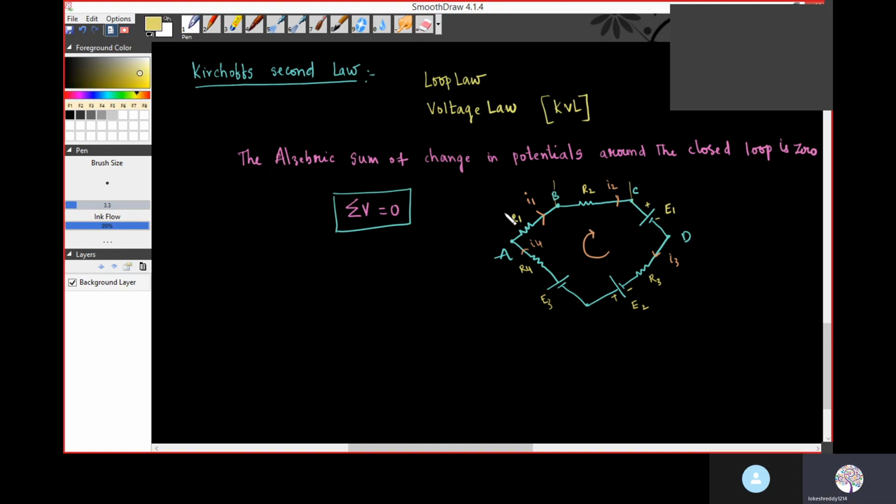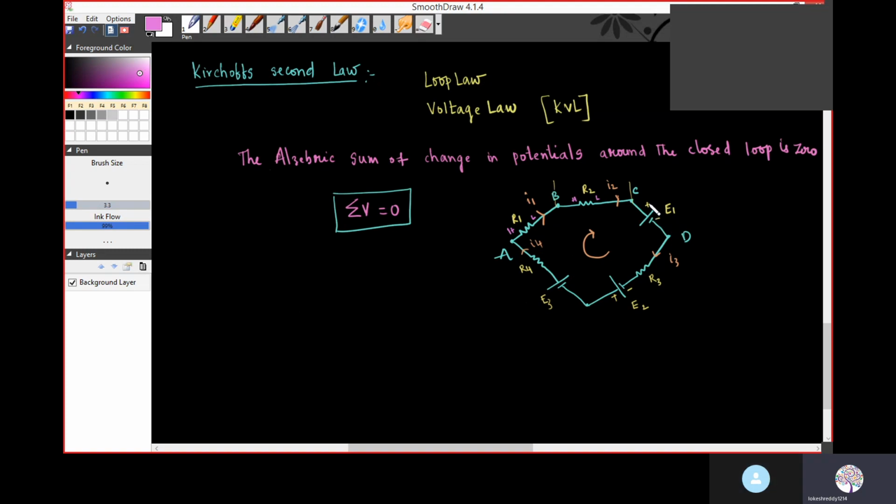Now, what I'll do is I will consider this one, as current is flowing in this direction. So this is high, this is low, and this is high, and this is low. Positive terminal is high, negative is low.